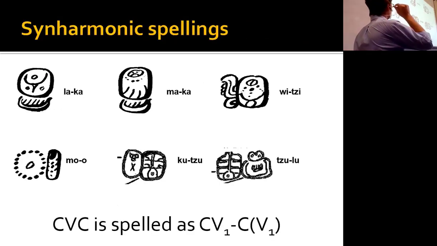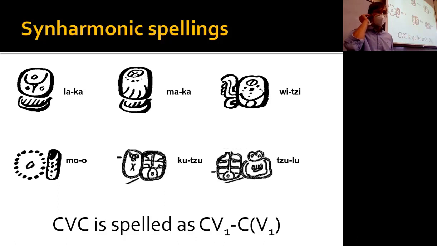So these are some of our basic synharmonic spellings. As you can imagine, a lot of early decipherment relied on these kinds of spellings because they're the easiest to understand. So laka, maka, witsi, mo, kutsu, sulu. In all of these examples, there's no doubt that no suffix is being spelled. These are just words: consonant, vowel, consonant, the basic typical root of Mayan languages.